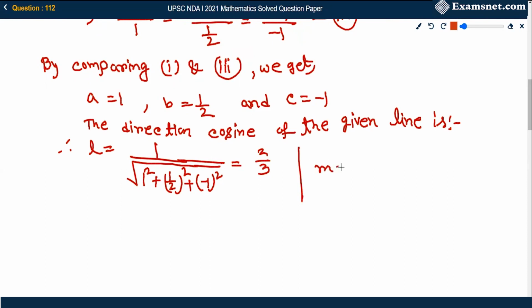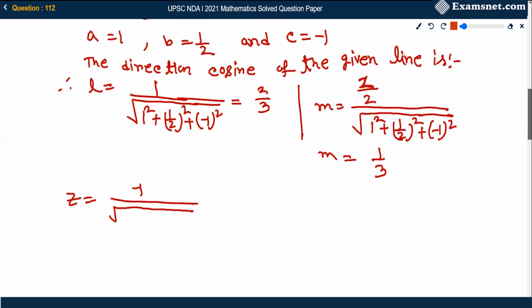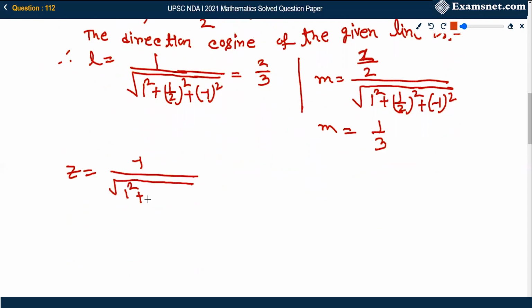Next, M equals half by the same root of 1 square plus half square plus minus 1 whole square. Okay, so it will give us the value 1/3. Okay, next, N equals minus 1 by root of 1 square plus half whole square plus minus 1 whole square.